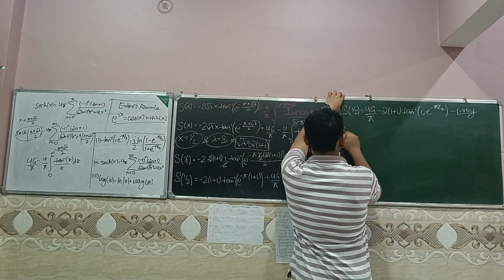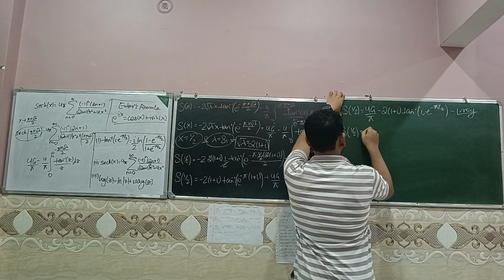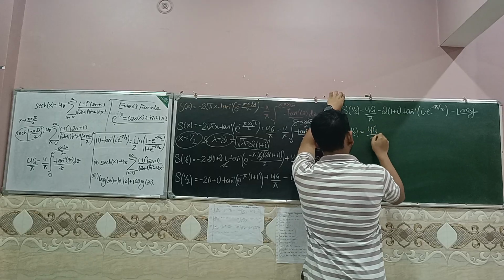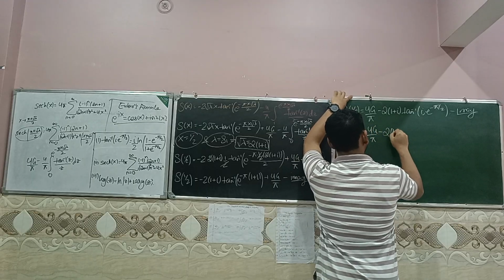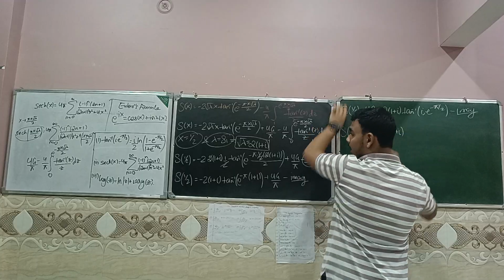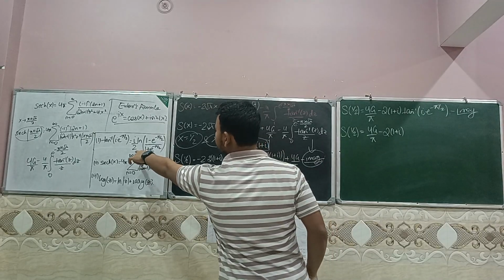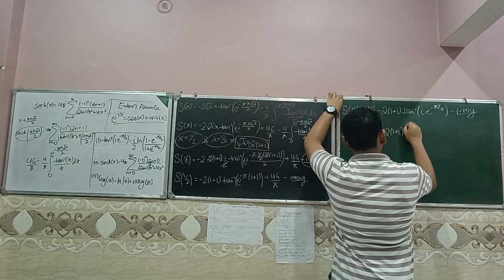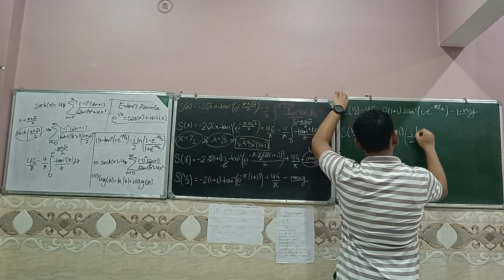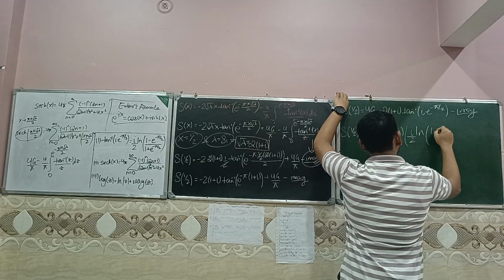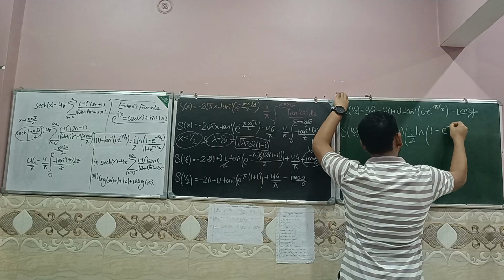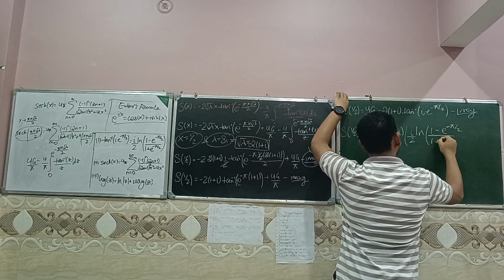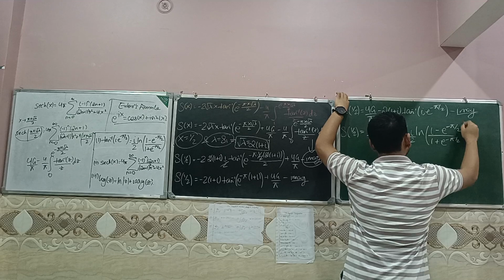Okay, so s of half becomes 4g over pi minus 2 times of 1 plus I, and the arc tangent is being replaced with this I over 2 ln of 1 minus e to the minus pi over 2 over 1 plus e to the minus pi over 2.